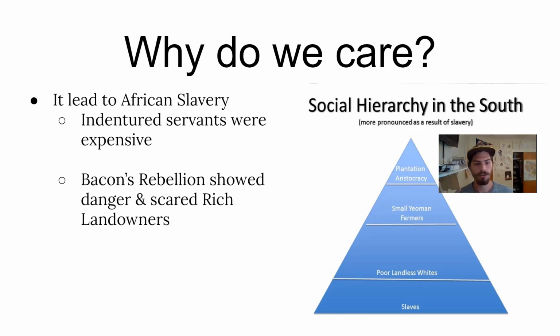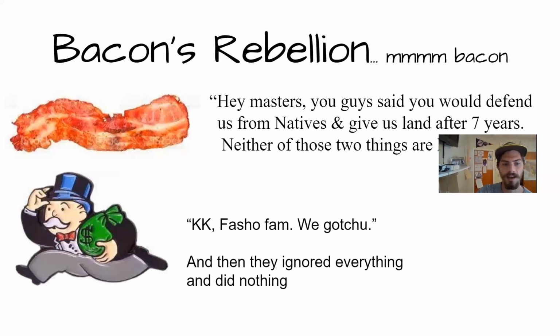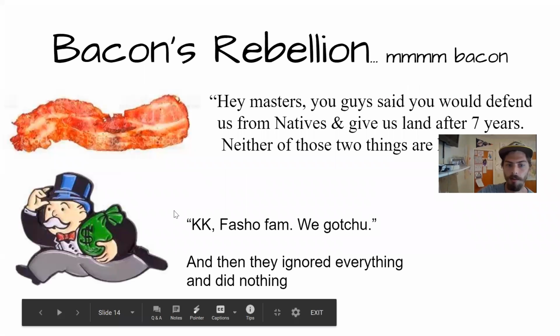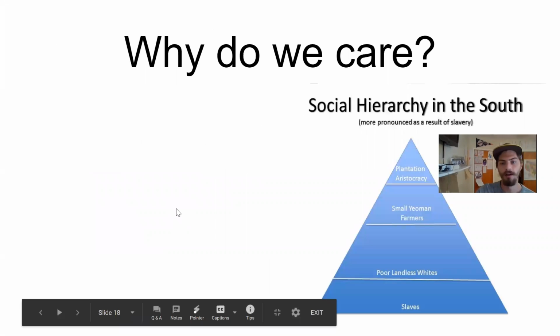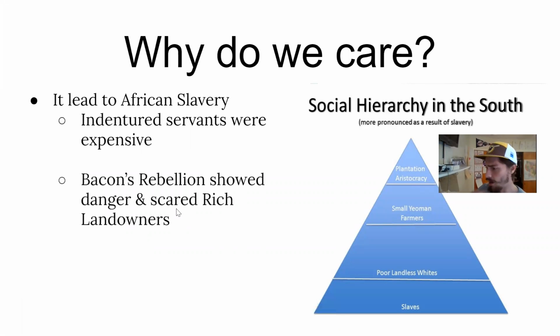Bacon's Rebellion also showed how dangerous it was for rich landowners to not be in good graces with poor whites in the new America. So a lot of these rich landowners, those monopoly men we had earlier on, became very scared of angering poor whites in the new America and making them be the workers.